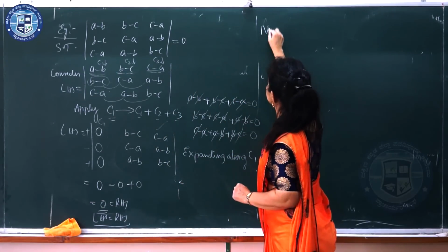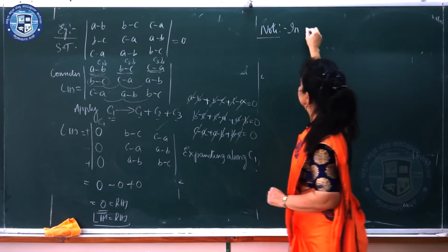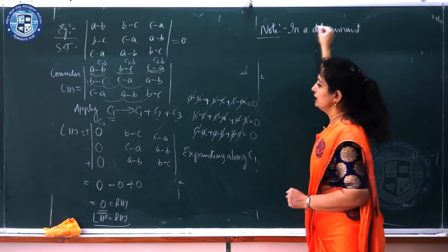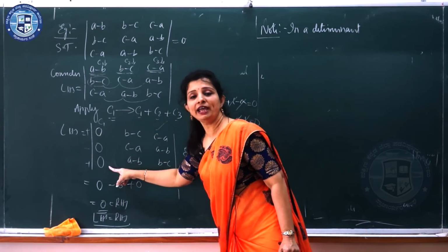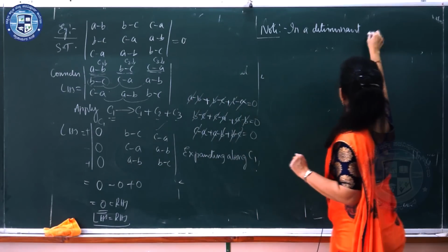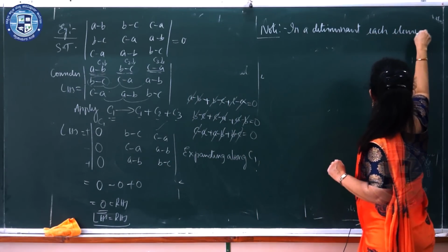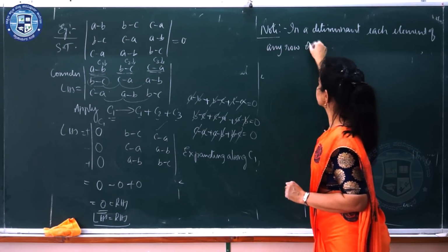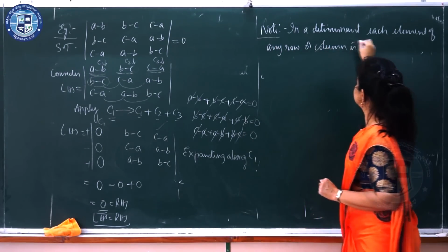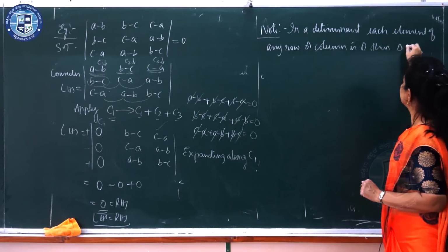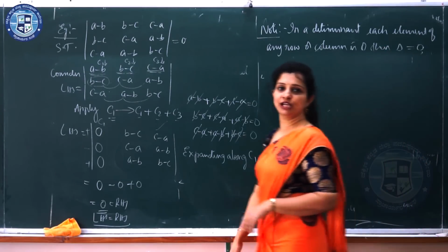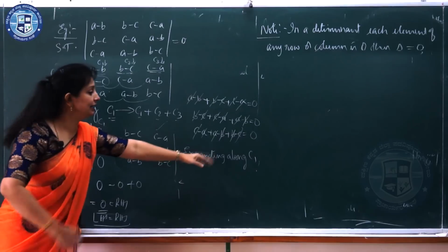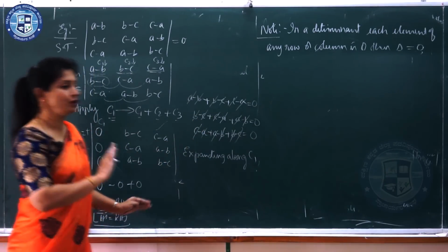That means, note, in a determinant, if each element of any row or column is 0, then delta is also 0. The value of the determinant is 0. That is a very important property, because if you find all the elements 0, directly write the determinant value as 0.